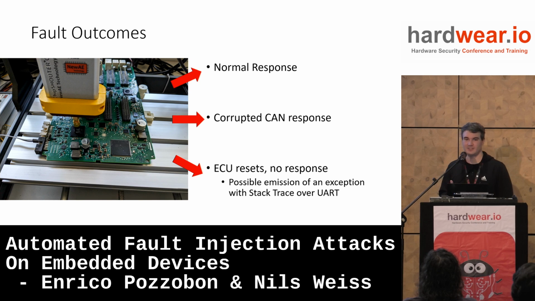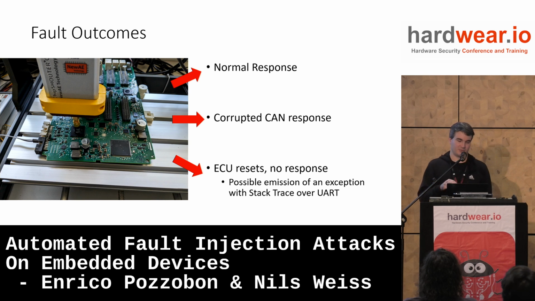What we noticed, and what was really interesting for us in the beginning, was that this specific ECU that we were looking at had UART traces emitted every time an exception interrupt was hit. So an exception interrupt is something that the processor calls.